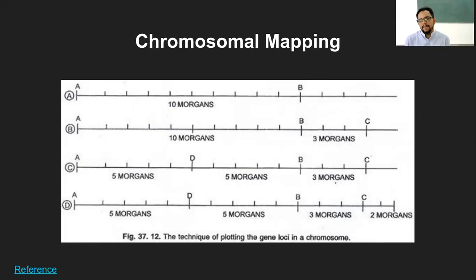Sir, 1 Morgan is the percentage chance of recombining between two linked genes, right? Correct. So if it separates B and C, there is no recombination between the linked genes A and B. But there's still a 100% chance.